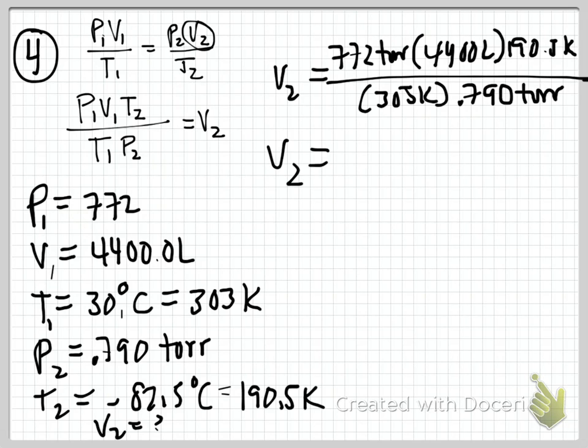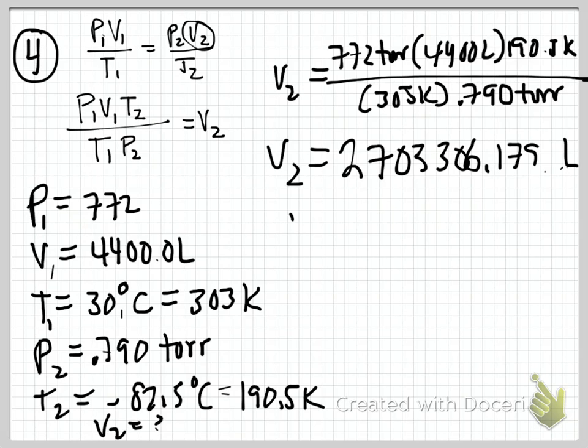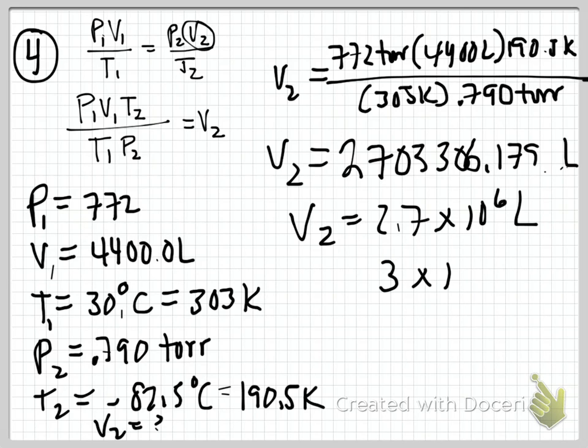Okay, so what we get is a V2 of 2,703,306.17 blah blah blah liters. Expressed with 2 sig figs, this would be 2.7 times 10 to the 6th liters. With 1 sig fig, 3 times 10 to the 6th liters. Either way, it doesn't matter.